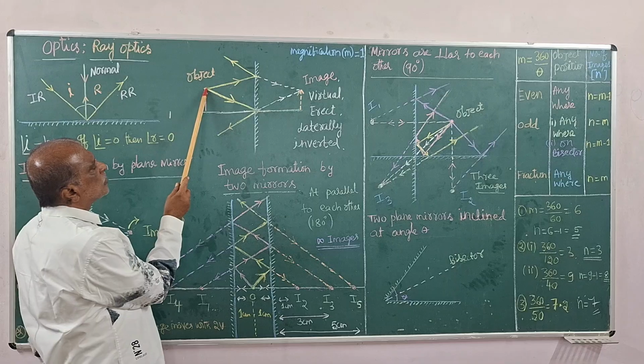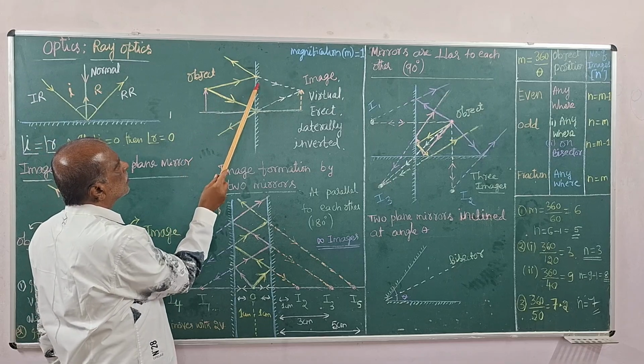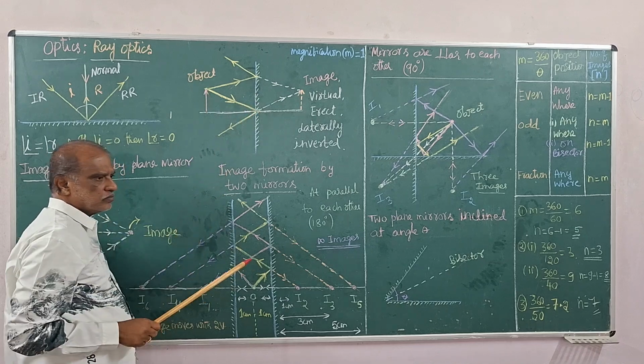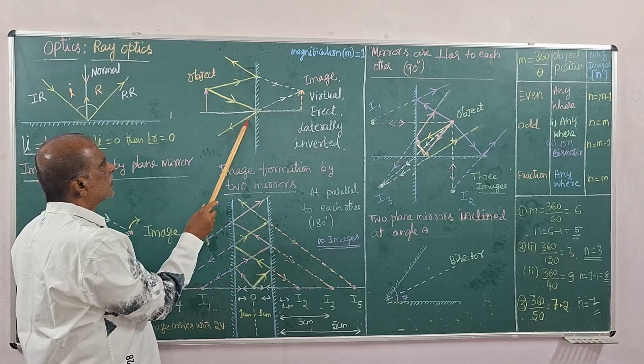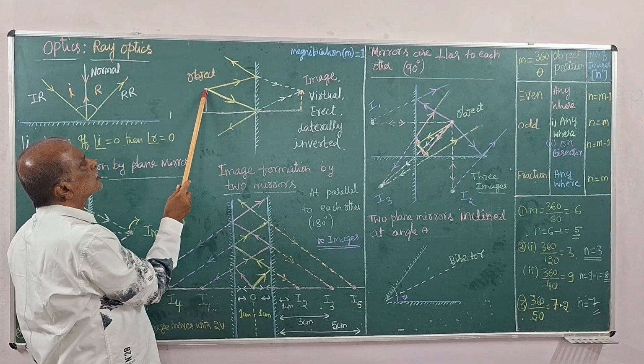The reflections are multiple, numerous now. If you take the same point here, every point has the same kind of reflection. These are the reflected rays, and the light is coming from this point.